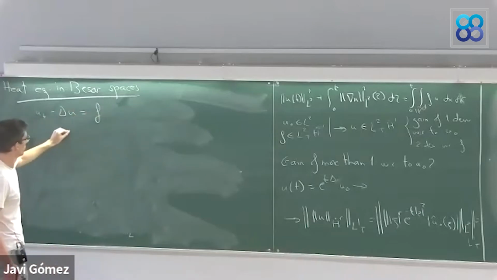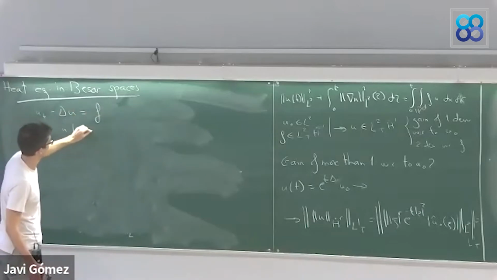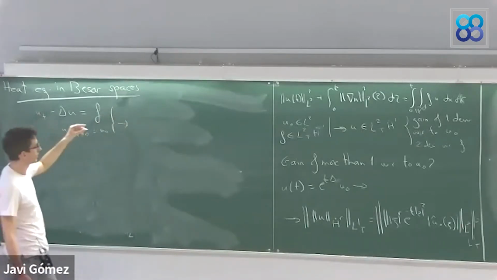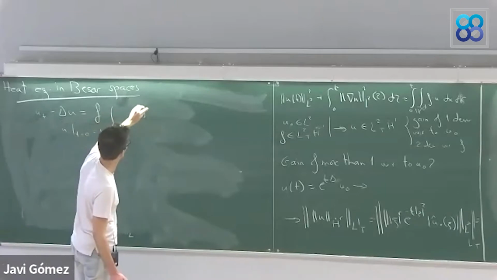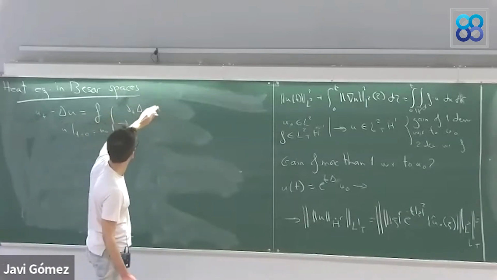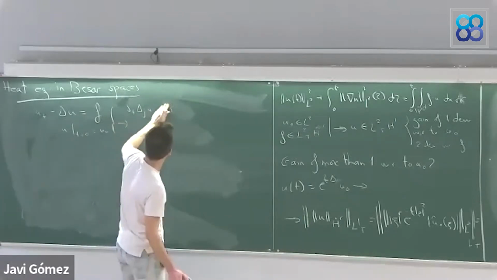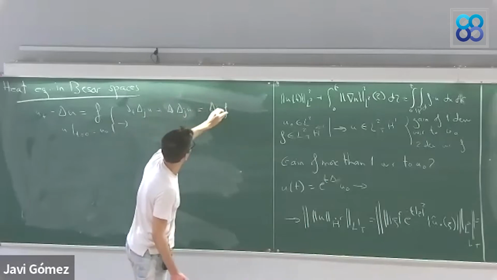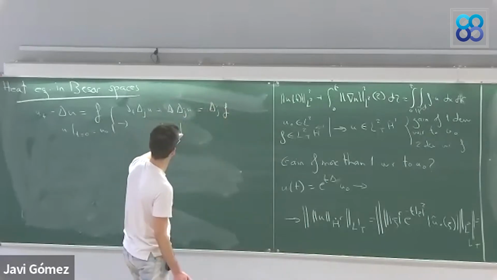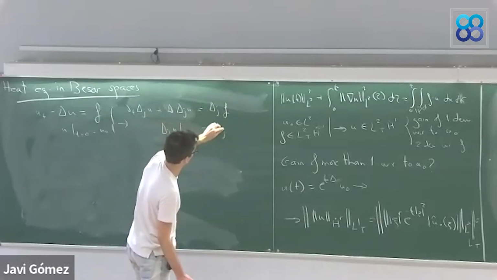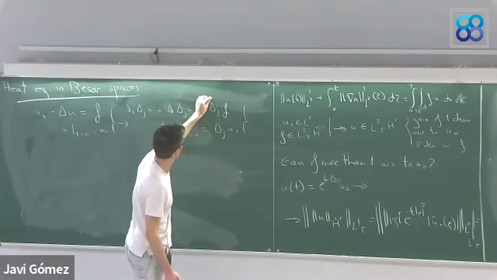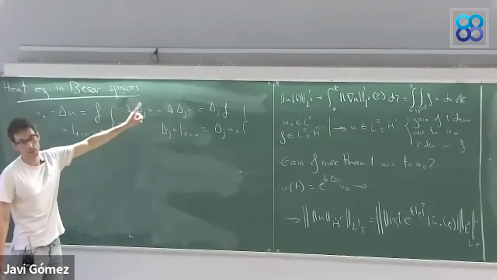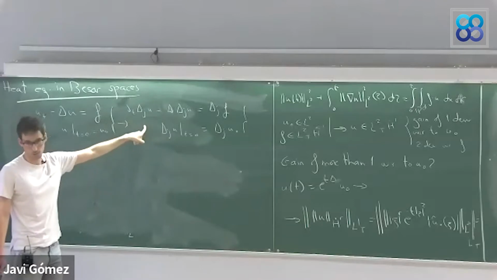We have our equation, and the idea is to take the variable in blocks, so localizing in frequency. And now, once it's localized in frequency, do LP estimates, integrate in time, and then add the other blocks.